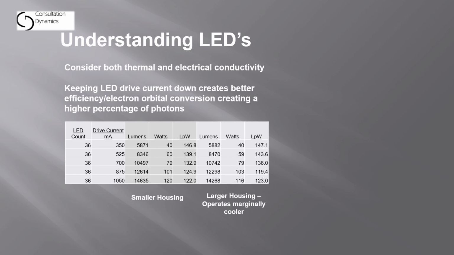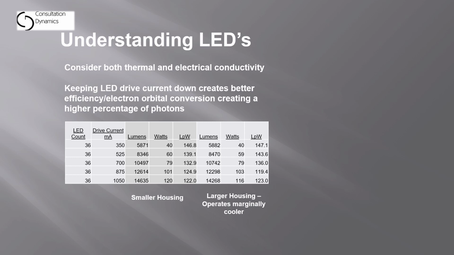So if we take a look at a 36 LED optical module at various drive currents, let's compare 350 milliamps to 700. At 350 milliamps in this fixture, we're producing 5,871 lumens. At 700 milliamps, we're not doubling that to 11,600. We're only going up to around 10,500, because we have some inefficiencies that are created there, and that's reflected in the lumens per watt rating.